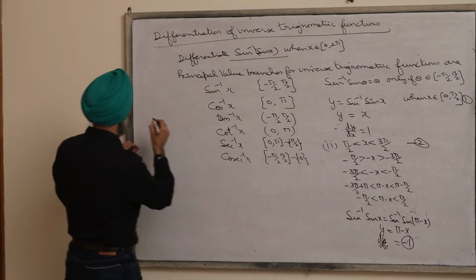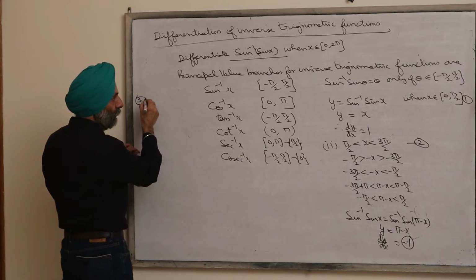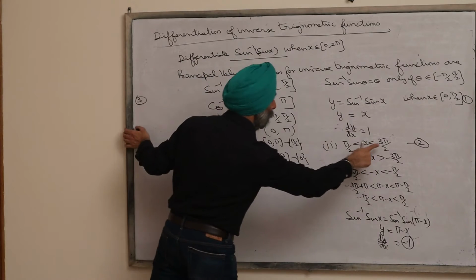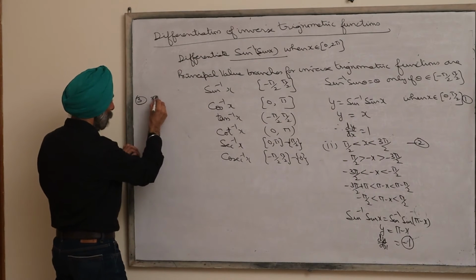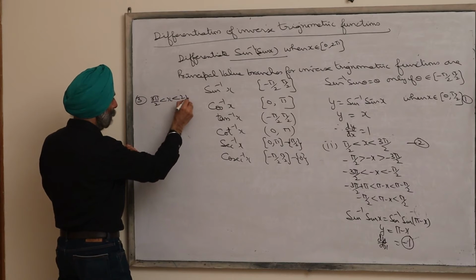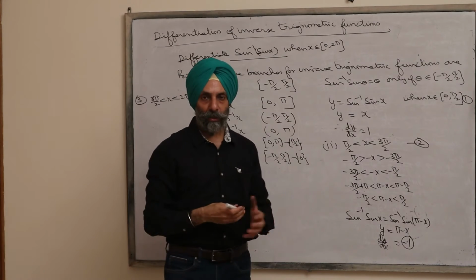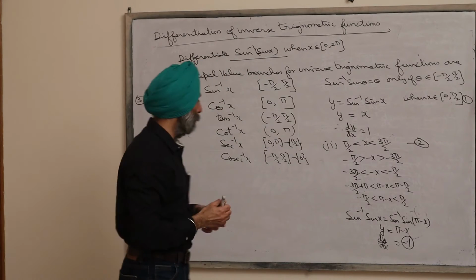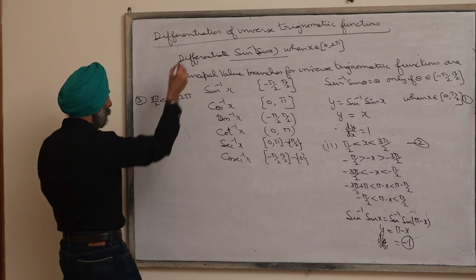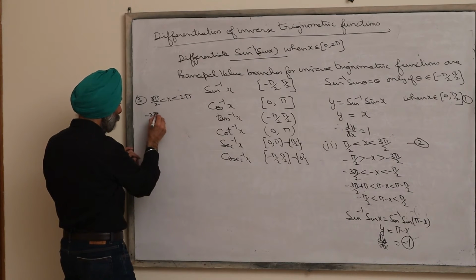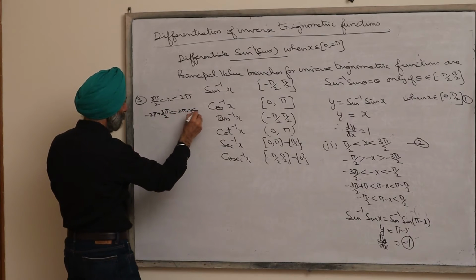Now come to the third one. Third is when x belongs to 3 pi by 2 to 2 pi. Again you can see that this is not the principal value branch. Now if I add minus 2 pi to it, minus 2 pi plus 3 pi by 2 is less than minus 2 pi plus x is less than 0.